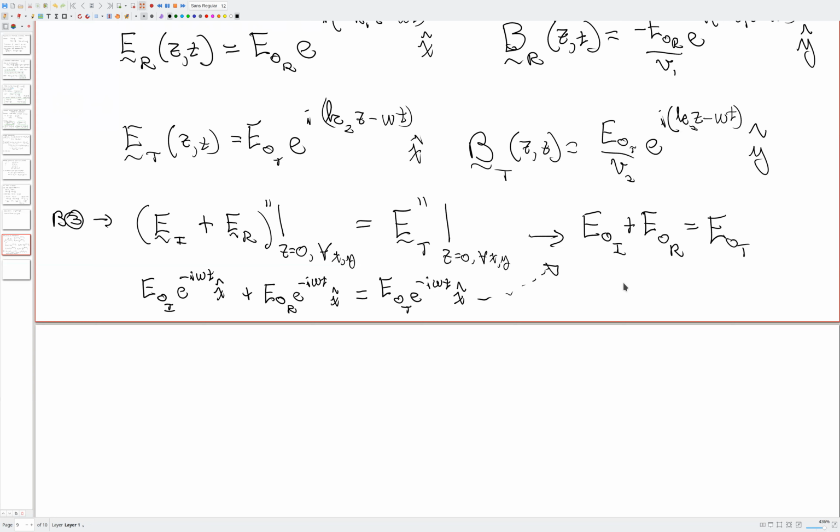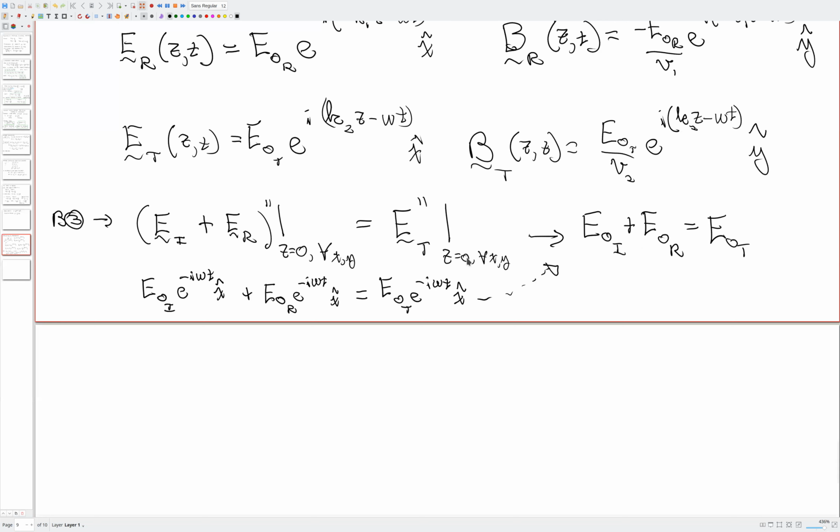And of course the size of the electric field here is the sum of the incident with the reflected one. But I never told you that one was positive or negative, right? So it could be that in absolute value this one is bigger than these ones. But this is just my parameterization for that particular thing. And the precise values that these take will depend on the values of my permittivity and permeability in the two media, right? So it's not a statement yet about energy transfer or intensity.